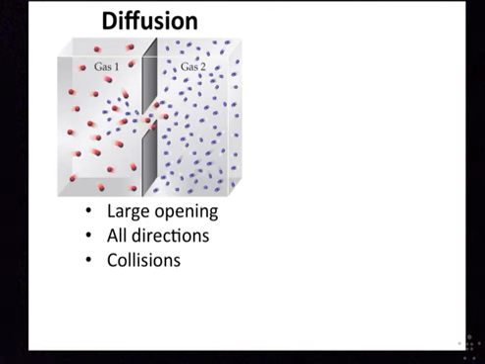So what is diffusion exactly? It's when you have a large opening or a completely open container. The molecules can essentially move in all directions, so they can move forward and backward through the opening. And they're undergoing lots of collisions. So you have molecules of different sorts running into other molecules as they're diffusing outward.